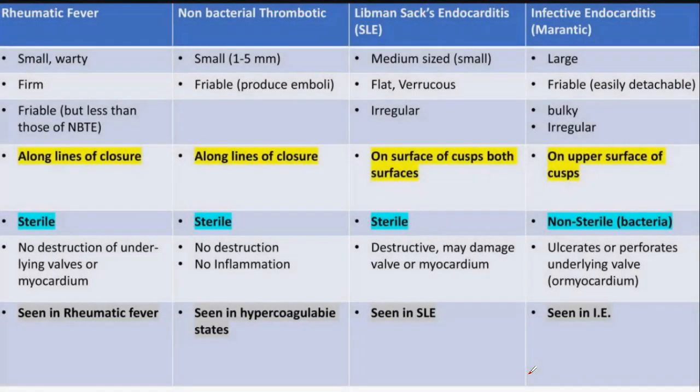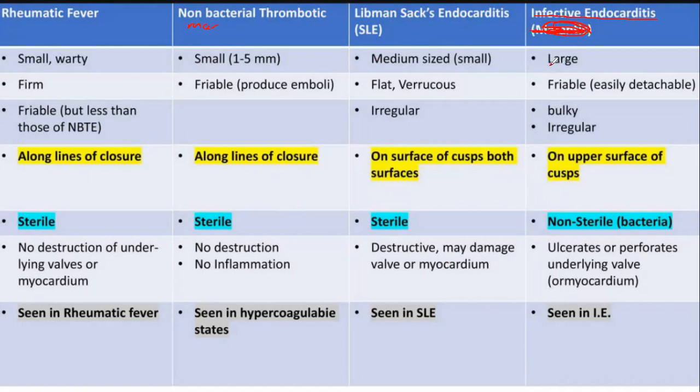Now, here I put you a table, and we are discussing infective endocarditis. These are not the marantic. Marantic is non-bacterial. Marantic should be here, so it is around there.